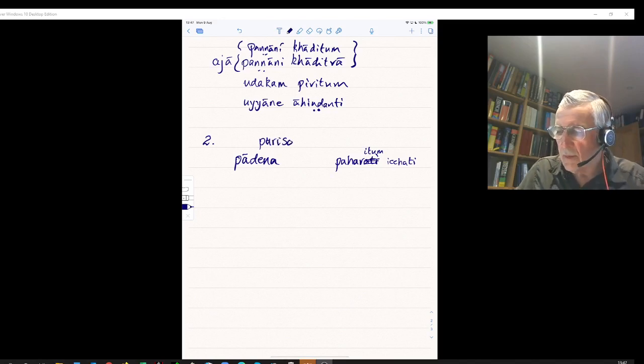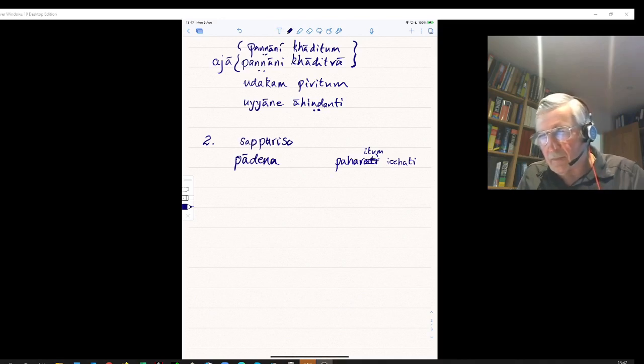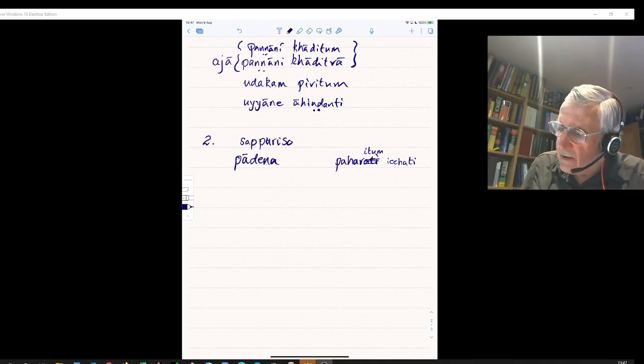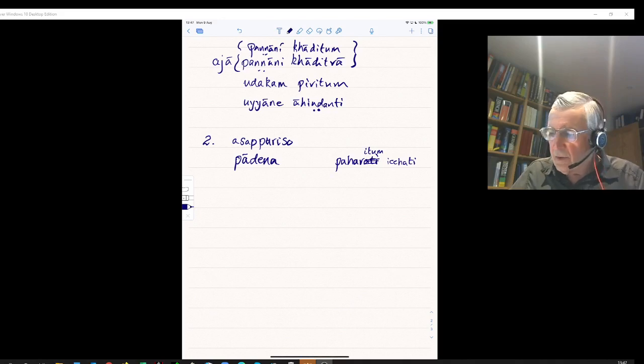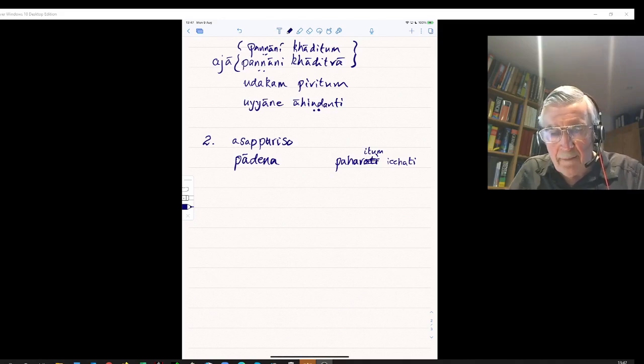Puriso. The good man, which is sapuriso. And the ungood man, the nasty man, the asapuriso. And the unfortunate object of the kicking is the dog. The dog is kukura.